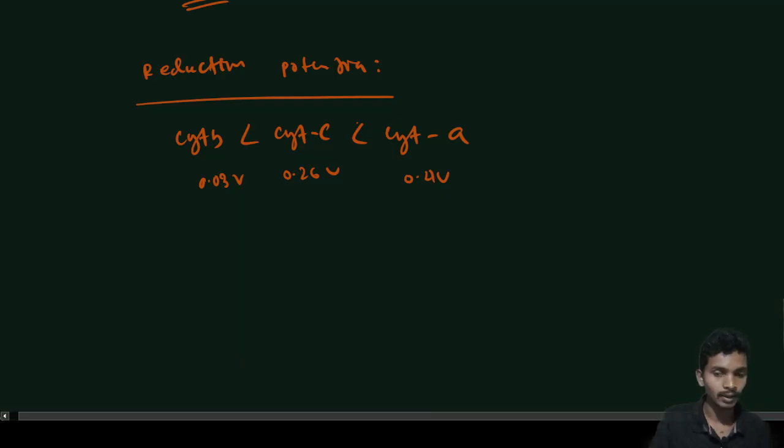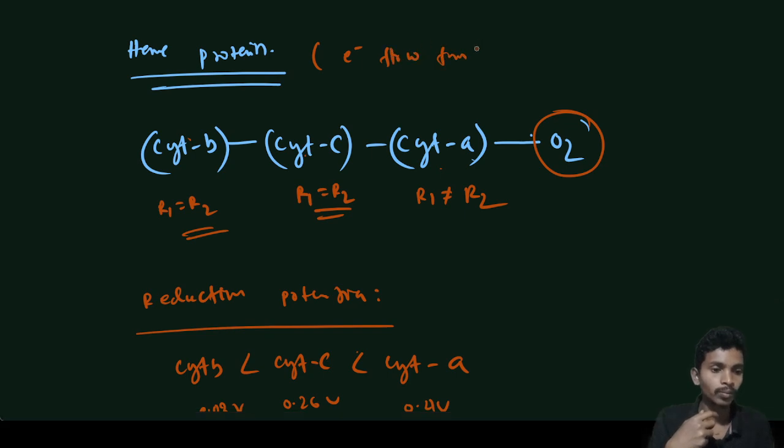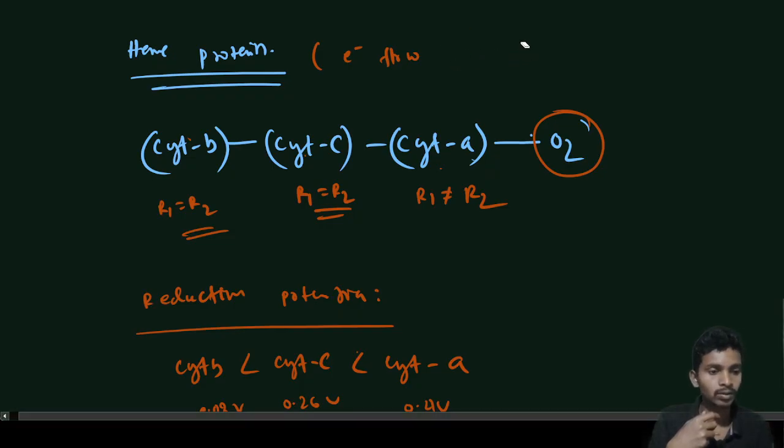And this is the order of the electron flow in the respiratory chain from food. The electron flow in the respiratory chain from food is cyto B, cyto C, cyto A, then O2.